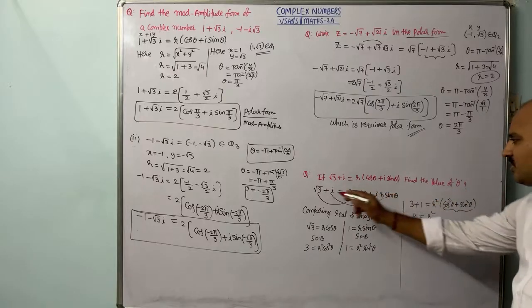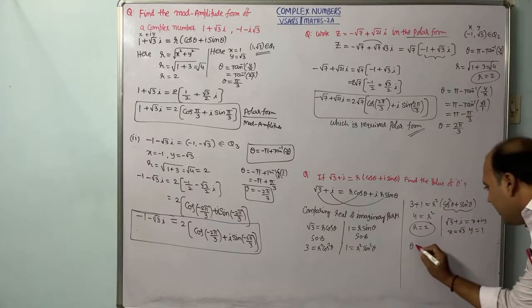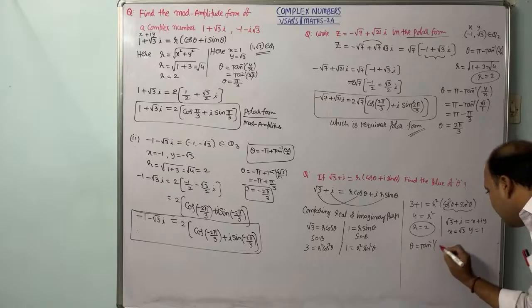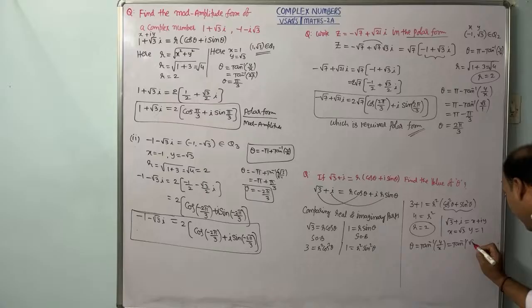So this root 3 plus I compared with x plus iy. So x is equal to root 3, y is equal to 1. Theta equal to tan inverse of y by x, so tan inverse of 1 by root 3, which is equal to pi by 6, 30 degrees.